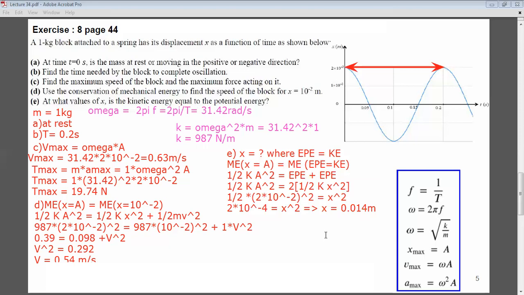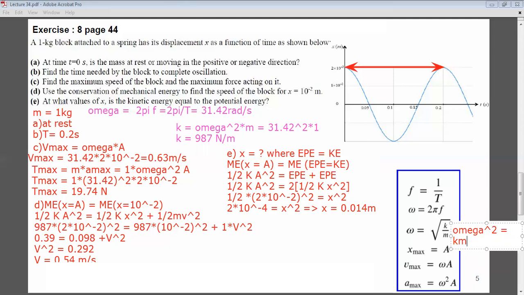So in this exercise, we use the formula omega is equal to 2 pi f. F is 1 over T. Omega is the square root of k over m, which gives me omega squared equal k over m. Okay, this formula is very important. We use it a lot today.